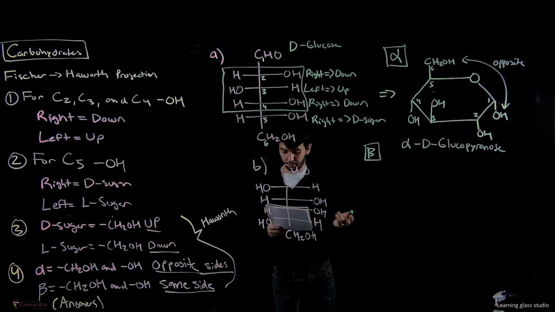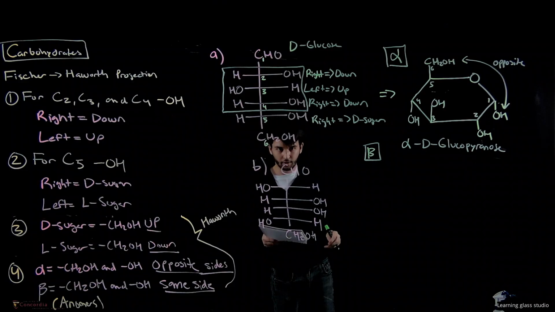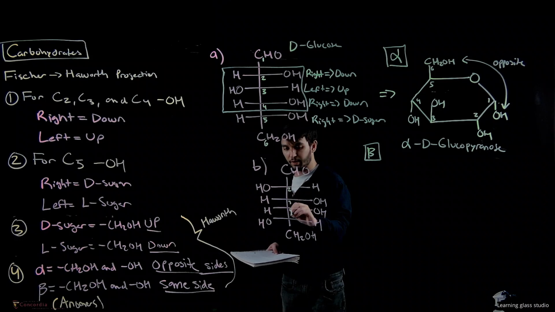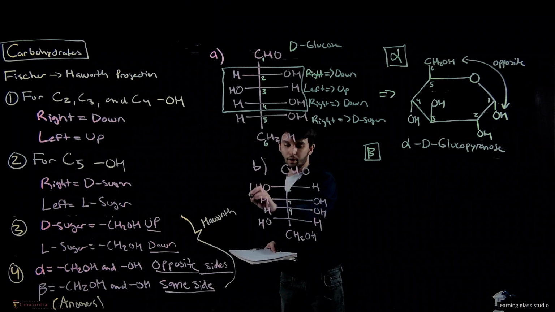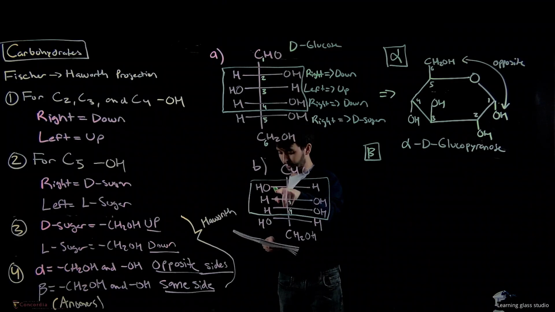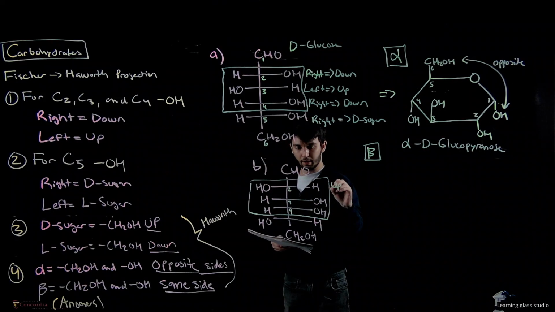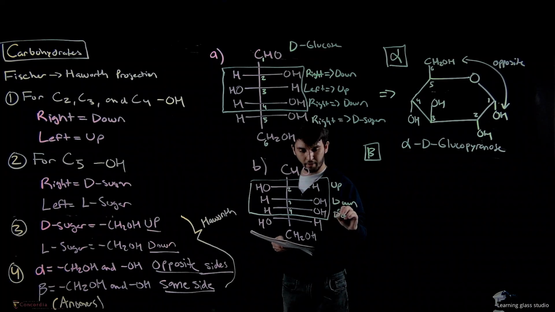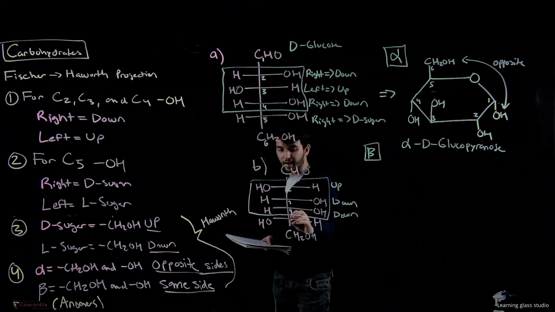So in this case, we're going to do the same thing as last time. Carbons 2, 3, and 4 first. Looking at this block here, this one is on the left, so this is up. This one is on the right, so down. And this one is also down. Okay, C5.